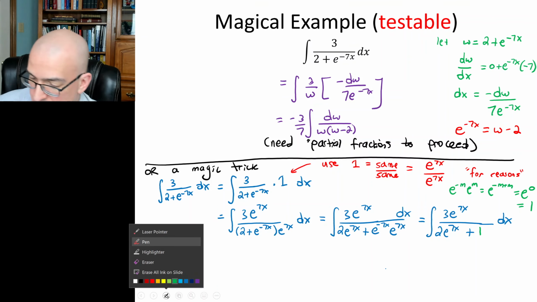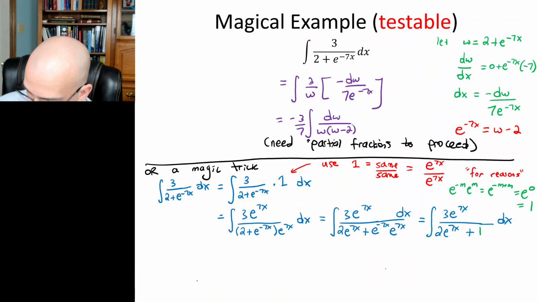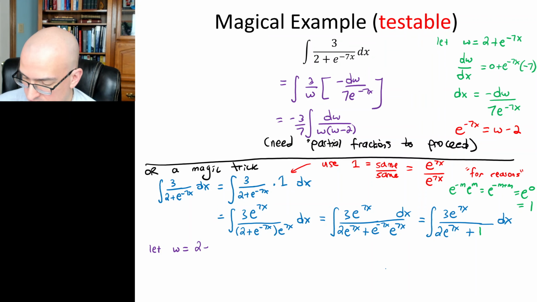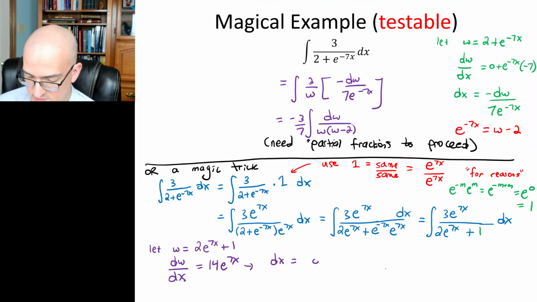And now I'm going to do a substitution. I'm going to let w equal 2 e to the 7x plus 1. So dw by dx is 14 times e to the 7x, and then rearranging, dx is equal to dw over 14 times e to the 7x. And look what happens.